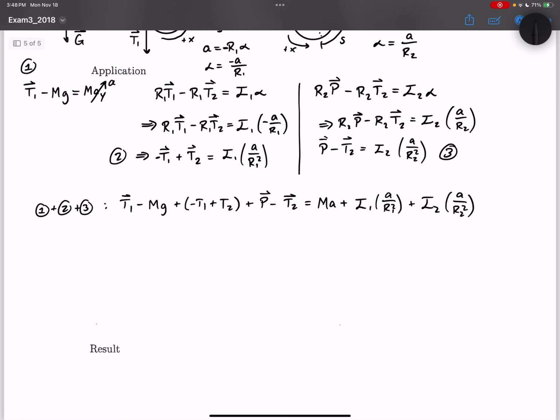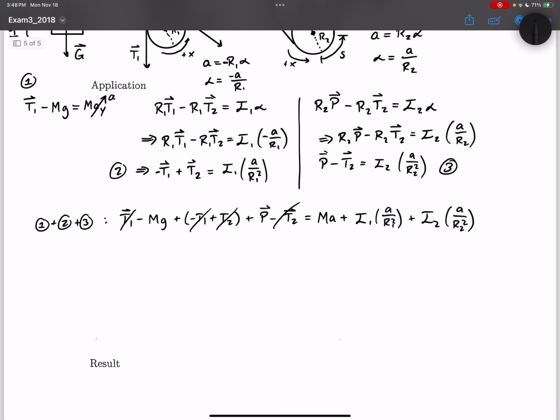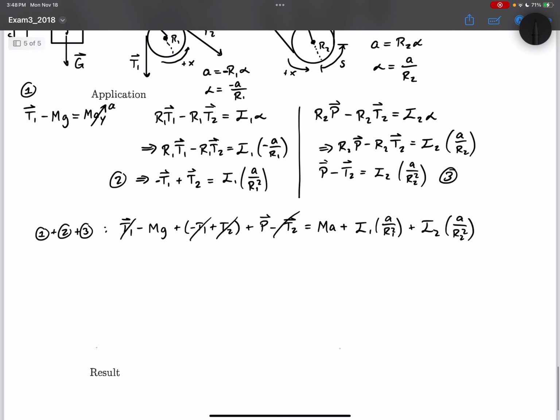We can automatically see the T1s, the tension forces, are going to cancel out. You set up the free body diagrams right whenever those cancel. It's something you just look for there.